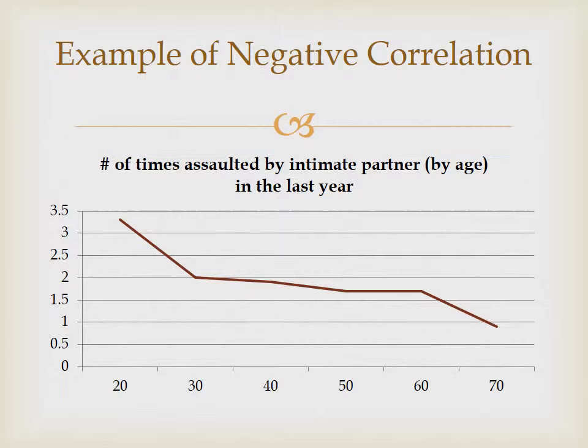In fact, we see very high numbers of relationship violence among teenagers and young adults. And so this data, again, might not surprise you very much, but it is an example of negative correlation. As age increases, assaults decrease.